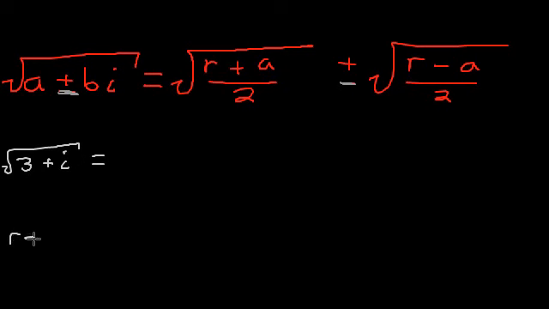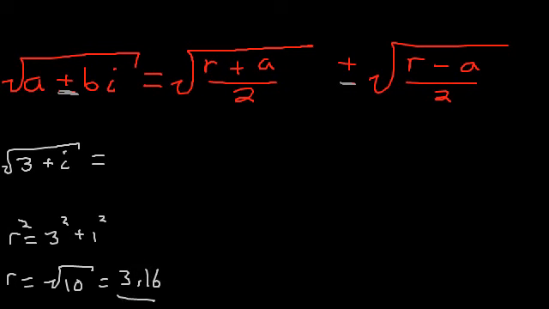Our r squared equals 3 squared plus 1 squared. So r equals 3 squared is 9, 1 squared is 1, 9 plus 1 is 10, square root of 10, and the square root of 10, if you just plug into your calculator, equals 3.16. Okay, so our r is 3.16. So that's something you need to figure out. Whenever you're given one of these questions, you can just quickly figure out what r is.